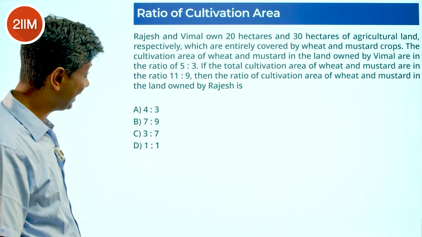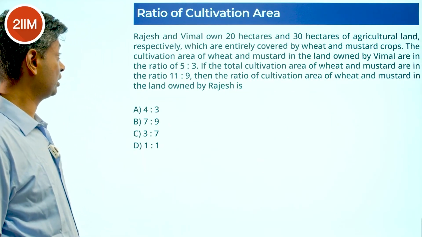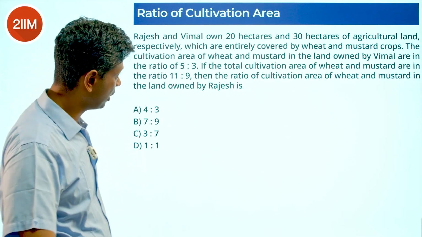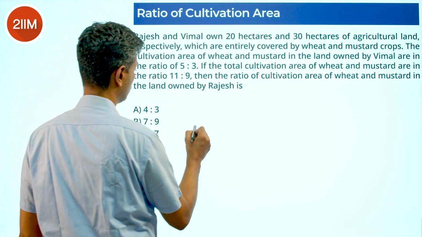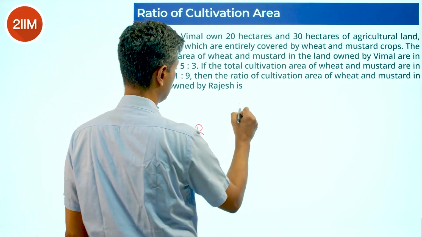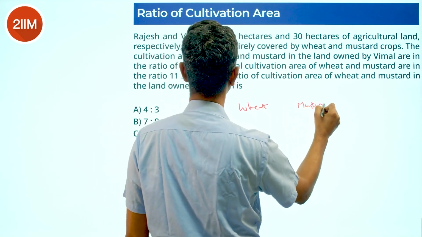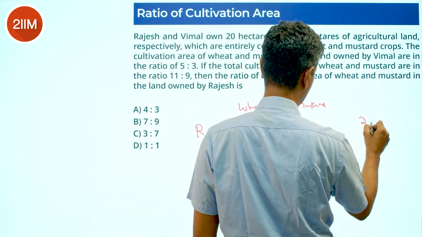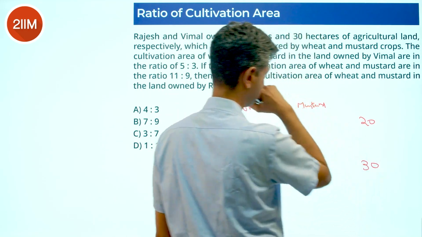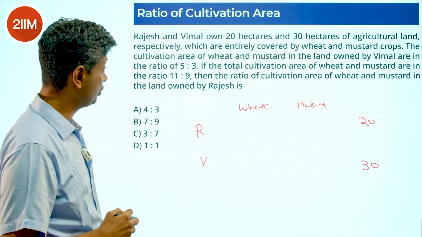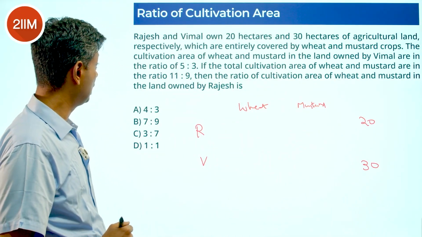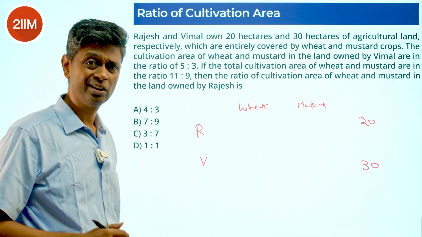Rajesh and Vimal own 20 hectares and 30 hectares of agricultural land, respectively, which are covered by wheat and mustard crops. So, Rajesh, Vimal, wheat, mustard. Rajesh owns 20, Vimal owns 30. The cultivation of wheat and mustard in the land owned by Vimal are in the ratio 5:3.